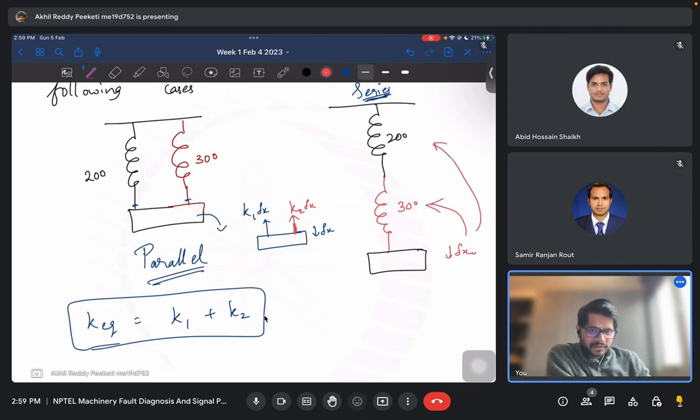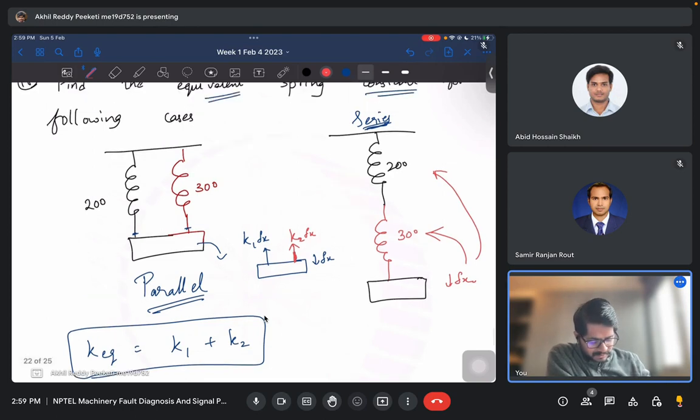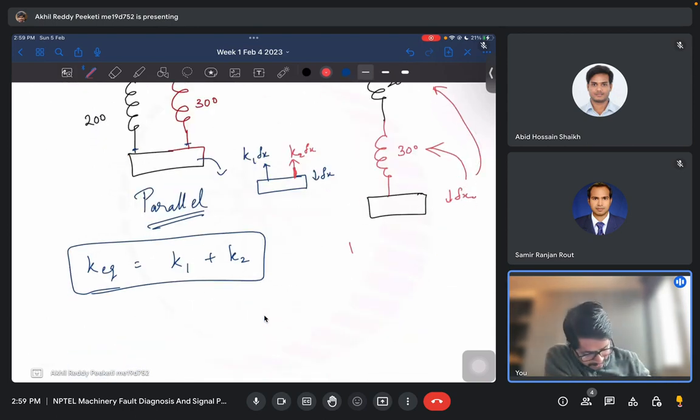So you can't just add the spring force. So there it actually comes out to be this way. Because here you need to add the delta x's, whereas in the parallel case you just add the forces. The spring force just becomes the sum of the two springs.